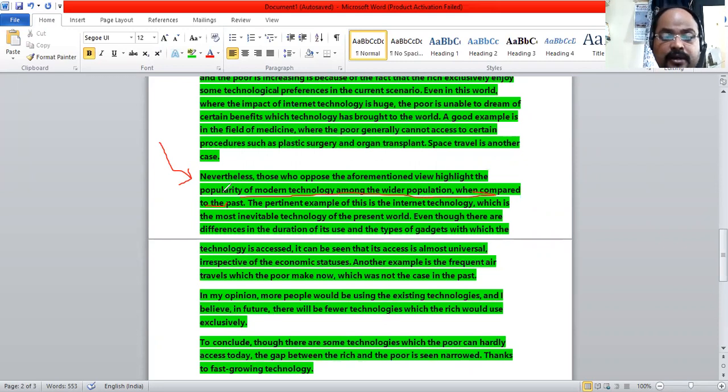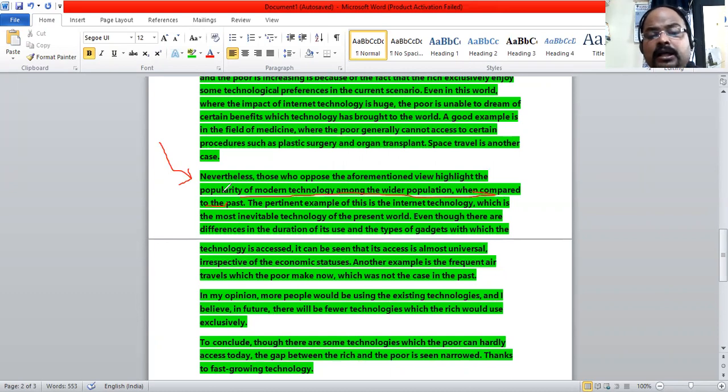Internet technology is there, which is the most inevitable technology of the present world. So even though there are differences in the duration of its use and the types of gadgets, the time the rich spend in front of the internet and the time the poor spend may be different, but both of these people have access to the technology.